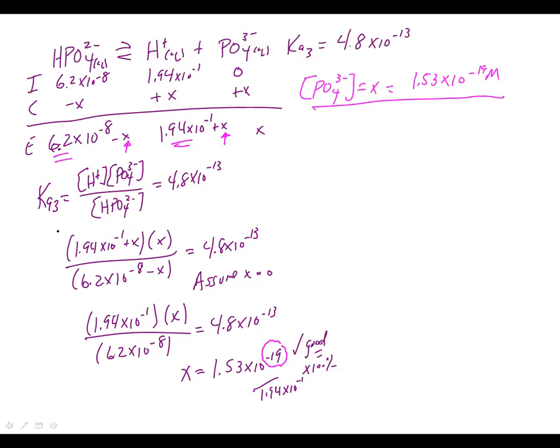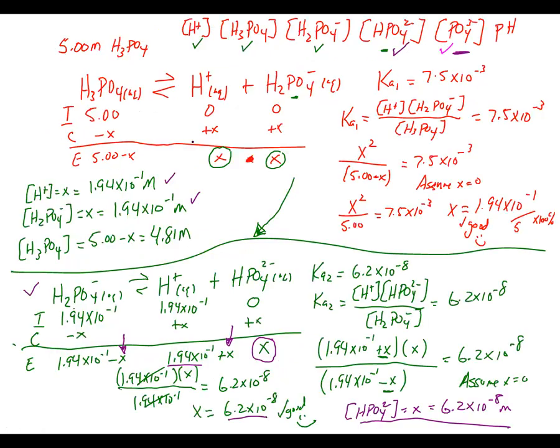And what that means is, as you could see, we had H plus in all three steps. Had H plus here, which essentially remained the same because it didn't change. We had H plus in our second one, which also remained the same number because this number was very small.